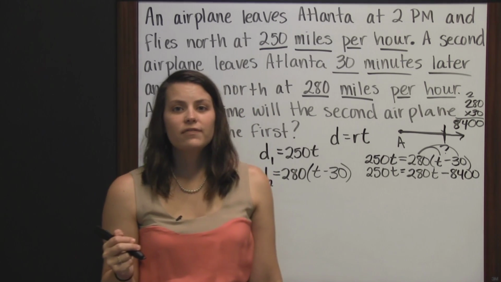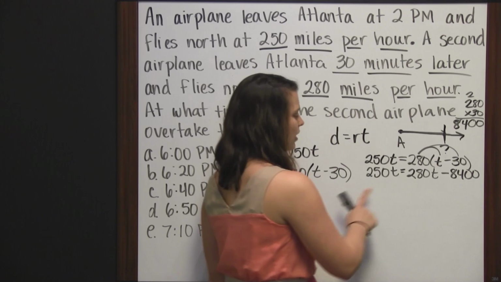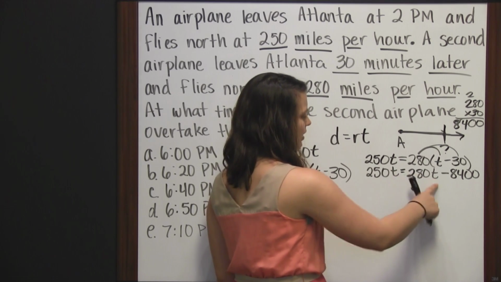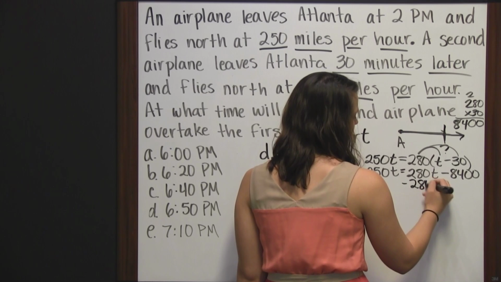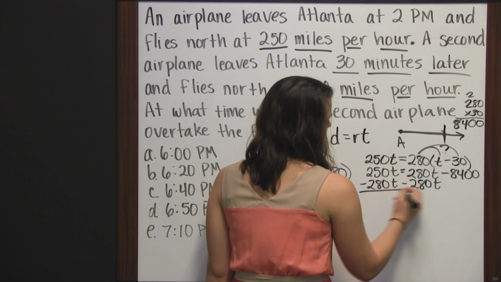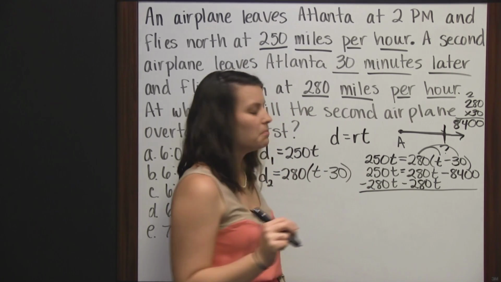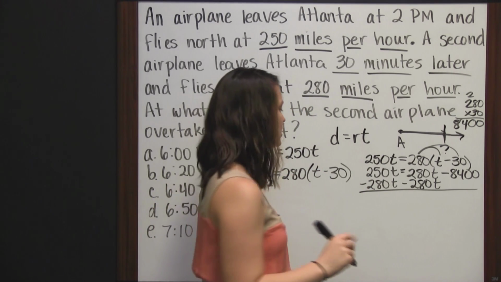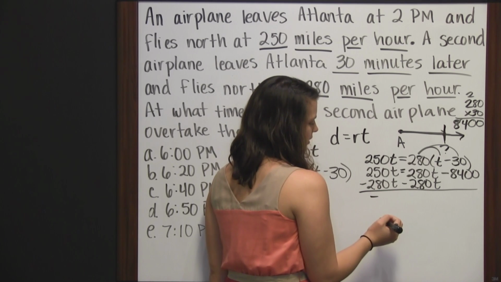Now we need to get all of our variables on the same side of the equation. We don't want to have t on the left side and t on the right side. So I'm going to subtract 280t from both sides. 250t minus 280t. I'm taking away more than I have, so I'm going to end up with a negative.